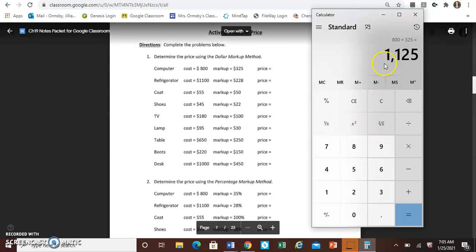So the answer for number 1 would be 1,125. So pretty simple. You're just adding to figure out the dollar markup method.